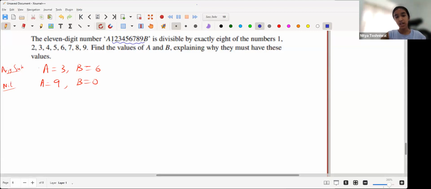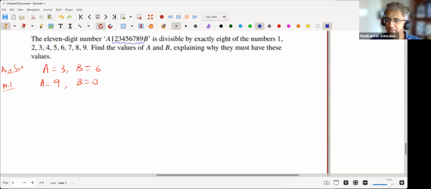So to ensure that the number is divisible by both 5 and 2, B would be 0. And by that logic, to make sure that the number is divisible by 3, 6, and 9, A would have to be 9 because the sum of the digits should be 9.